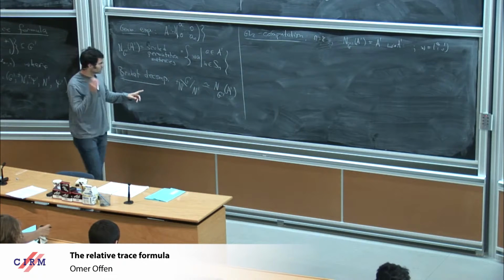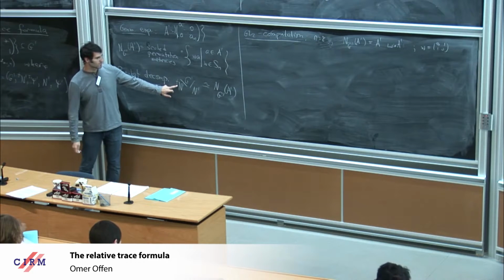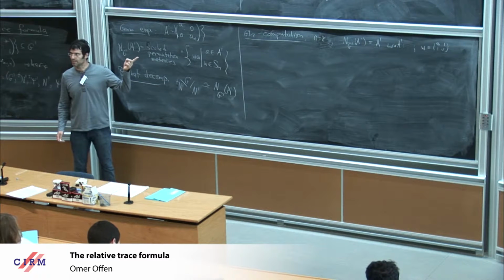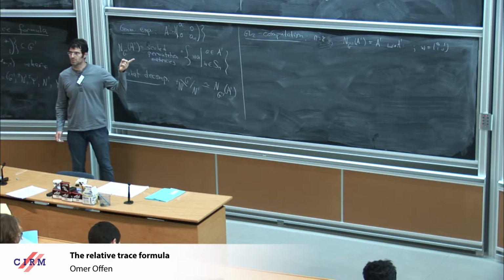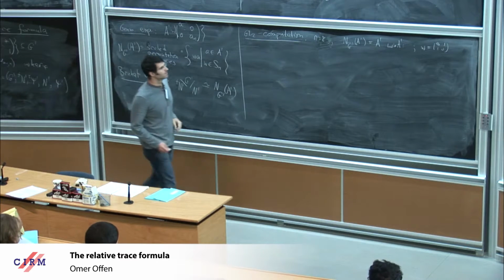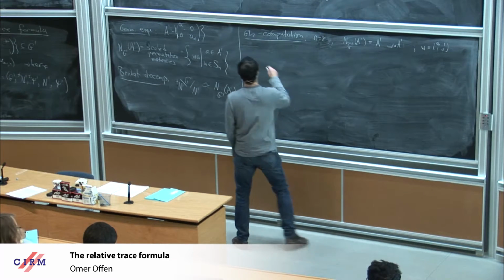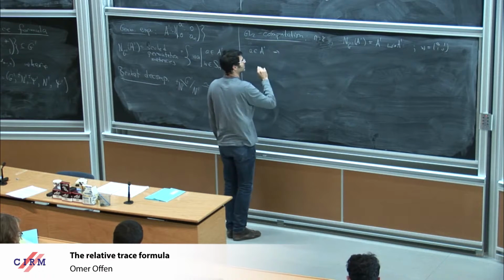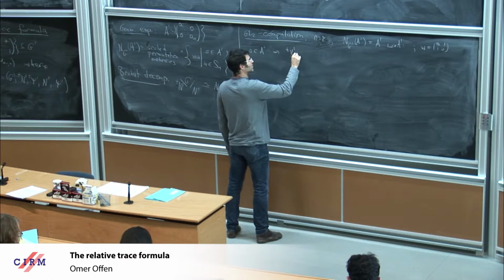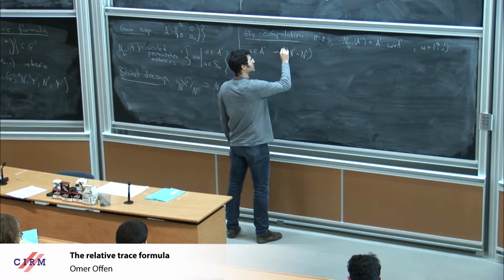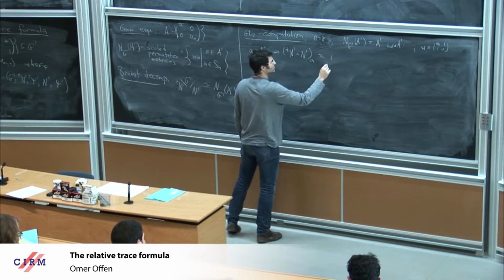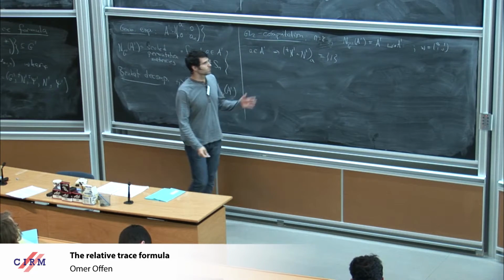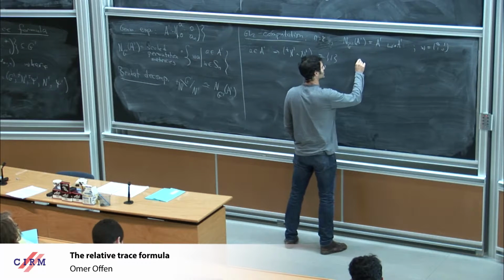Just because I chose double cosets with respect to N prime and N prime transpose, the diagonal matrices lie in the open Bruhat cell. This is the big cell. So if I choose A in A prime, then the normalizer of A is trivial in the open Bruhat cell. So all of these are relevant.